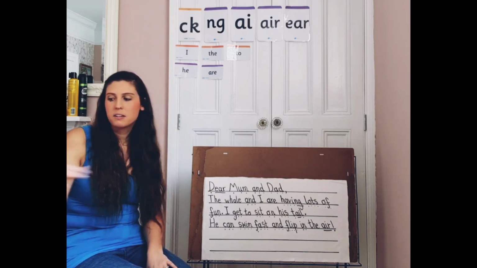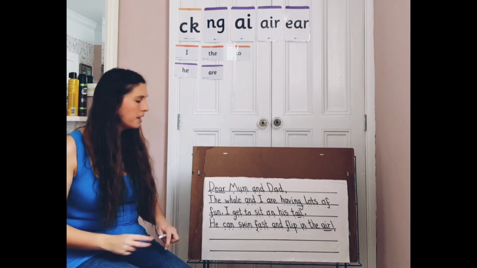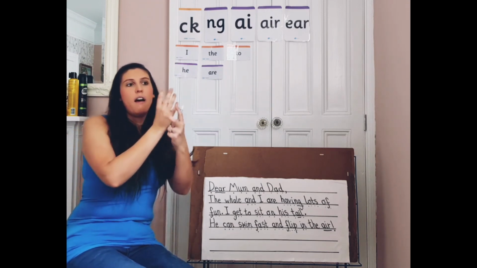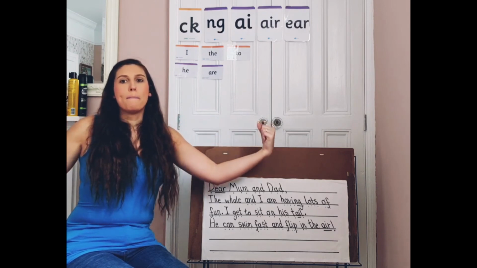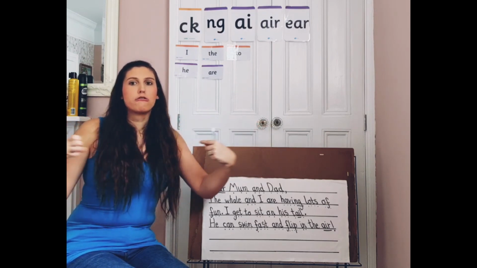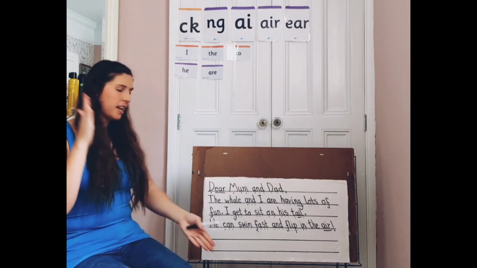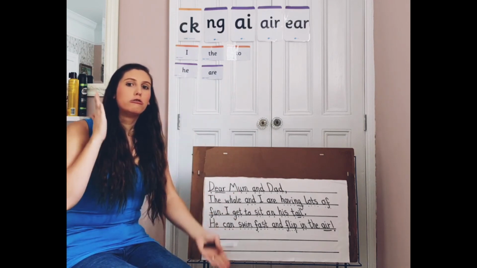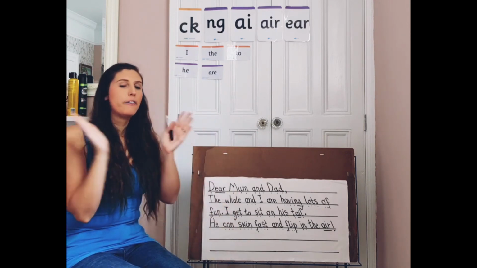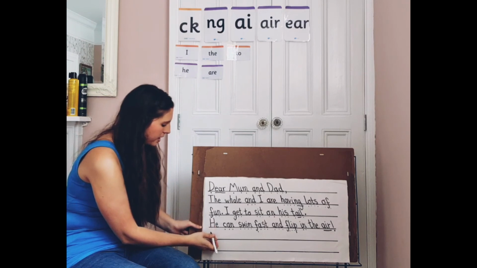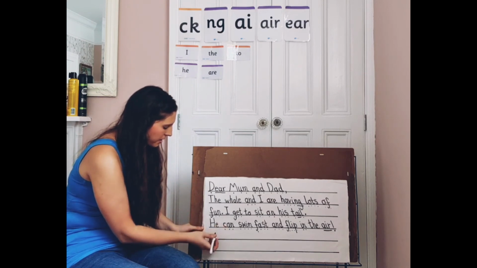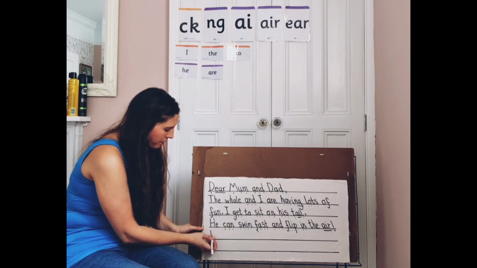From the snail. So from, let's just stretch that one out. From, and again, from. Let's sound it out. From. So again, capital letter because it's the start of my sentence. There we go.